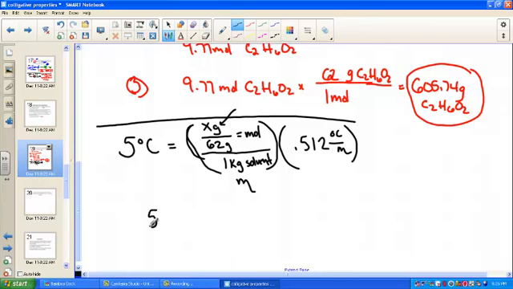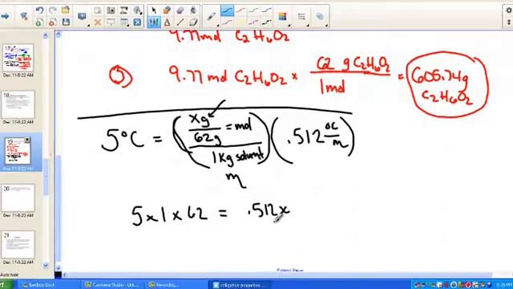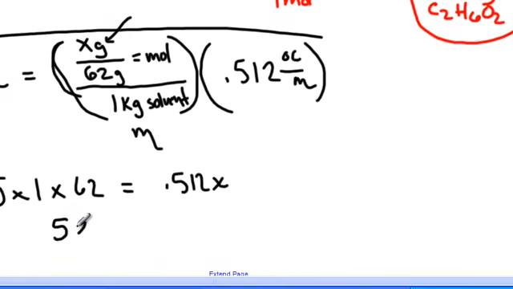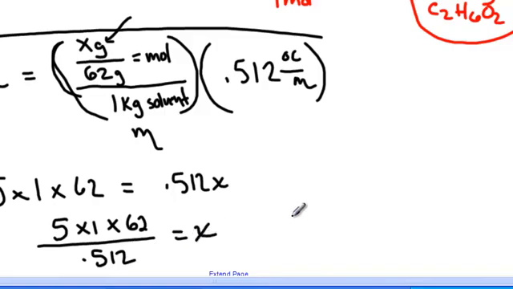Just thinking algebra, 5 times 1 times 62 is equal to 0.512x. X, 0.512 stay on the right, 1 slides over, 62 slides over. Pulling out x, 5 times 1 times 62, divide by 0.512, and you've got x.